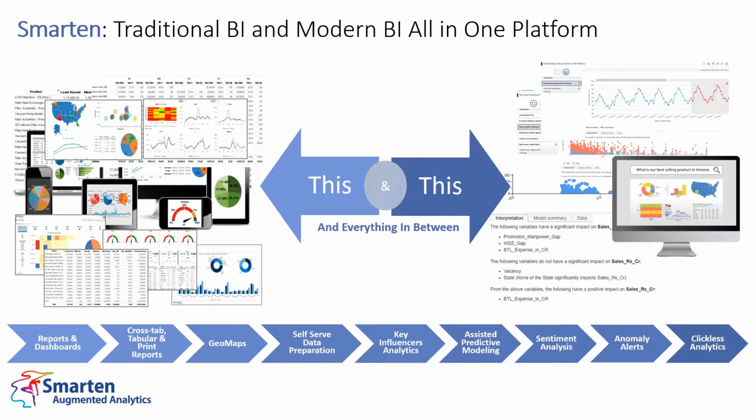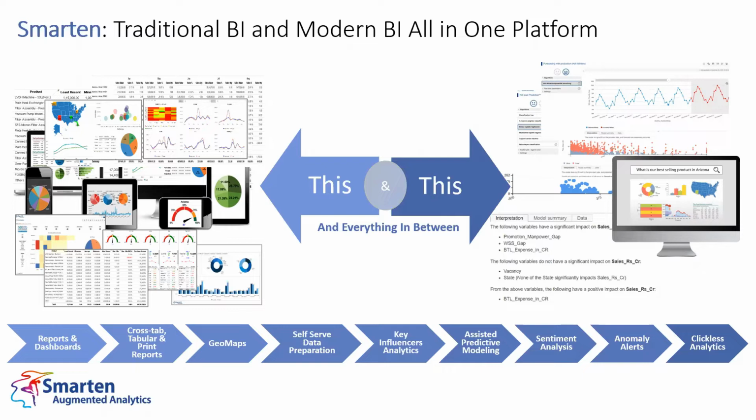Anomaly alerts, this is going to come in the upcoming version. The system has the capability of automatically identifying anomalies within the data, and it will notify the users. Clickless analytics is the NLP component of Smarten, wherein users get a Google search kind of environment. They can simply type in the query and it comes up with the answers in the form of a table or a name or a graph or chart, anything.